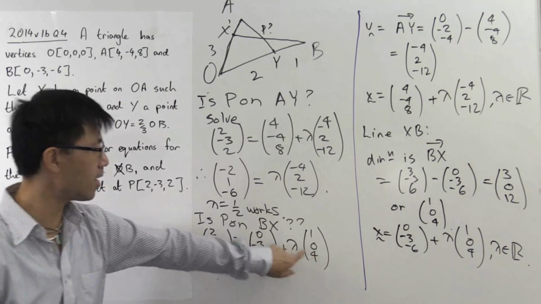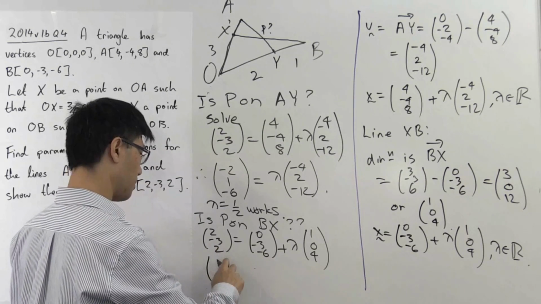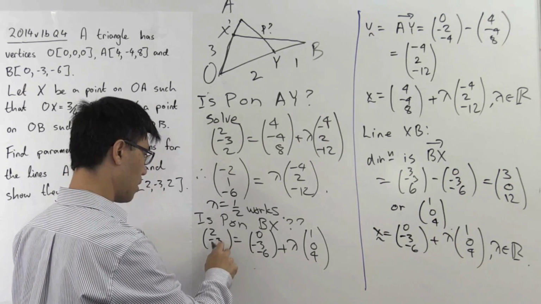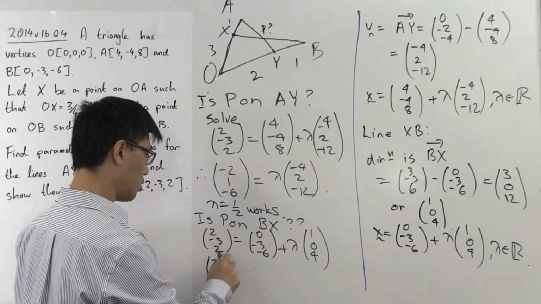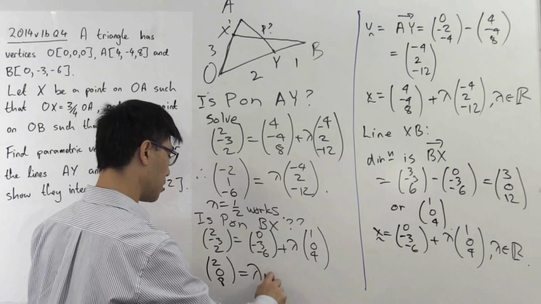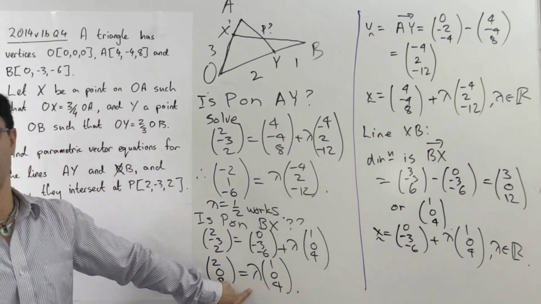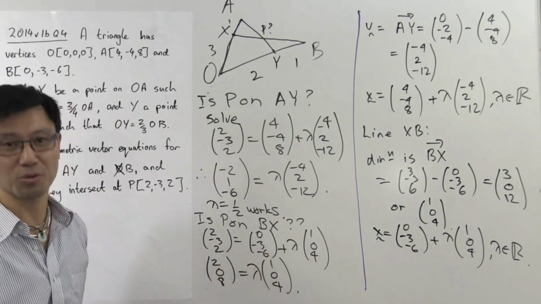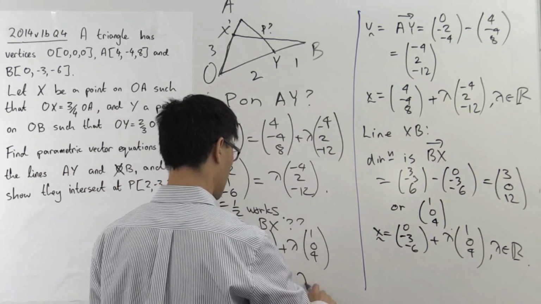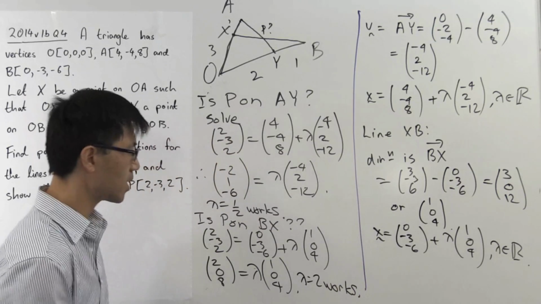So we get rid of that, and we just have the lambda here. So we get 2, -3 minus negative 3 is 0, 2 minus negative 6 is 8, equals lambda (1, 0, 4). And can we solve this? Yeah. Okay, so lambda equals 2 here. So lambda equals 2 works. So what does that imply?